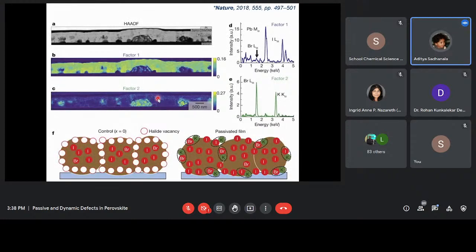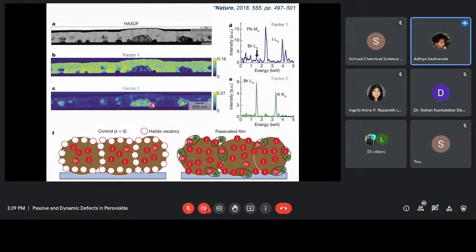The faint images, I am not sure if you can see them in your screens, but these big lumps, at least this is a big impurity, and you can see the potassium is segregated here, here, or here, and these are the spots where you basically had less halide, or let's say more halide vacancies. Okay, that is shown in the factor 1.